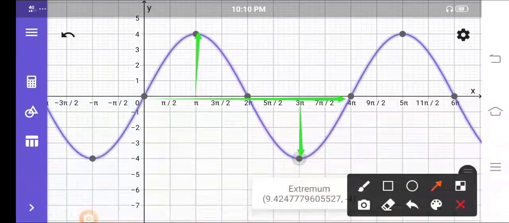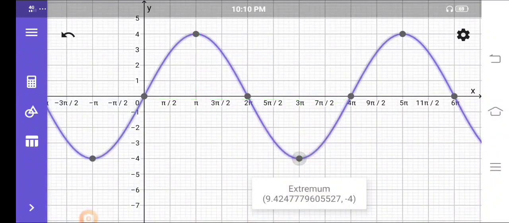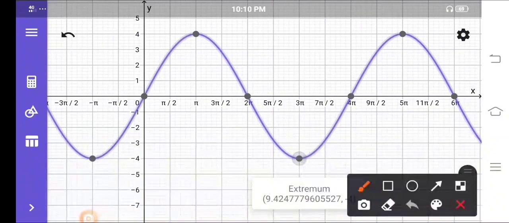So our period is from 0 to 4 pi. How do we get the key points? In finding the key points, we divide 4 pi by 4.